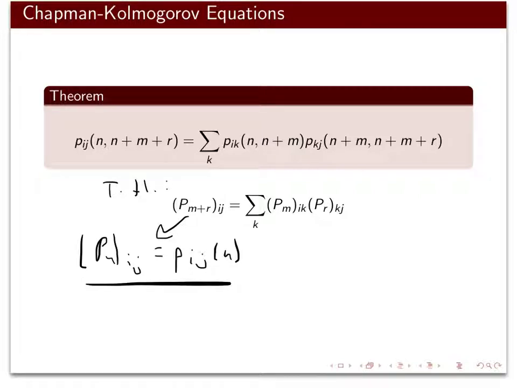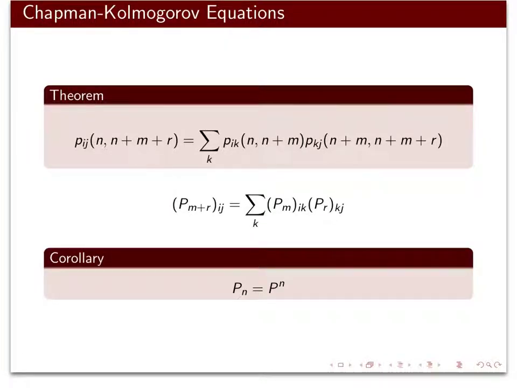What the Chapman-Kolmogorov equations say in this case is exactly that P^(m+r) of ij equals the sum over all intermediary states k of the ikth entry times the kjth entry of the m and r step transition matrix, respectively. And this should look familiar, perhaps. This is actually matrix multiplication. So what does this say? This says that the n-step transition matrix is the one-step transition matrix raised to the nth power.